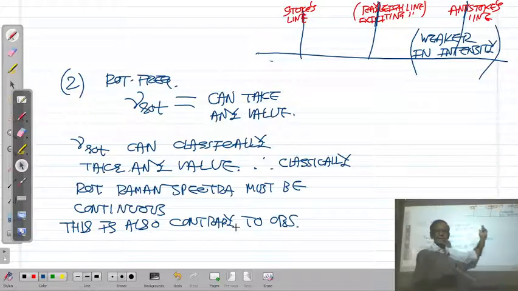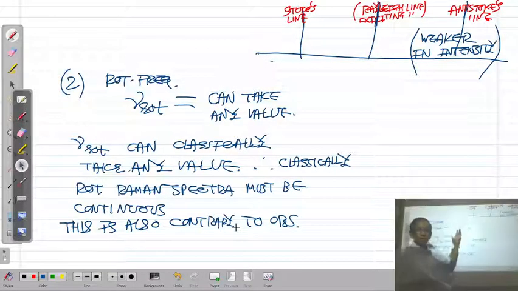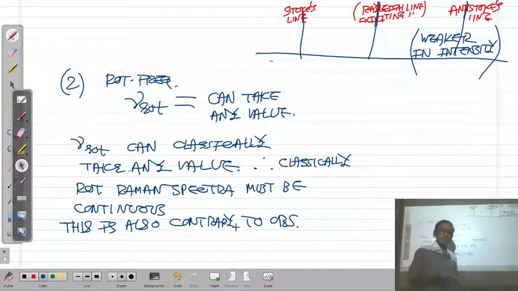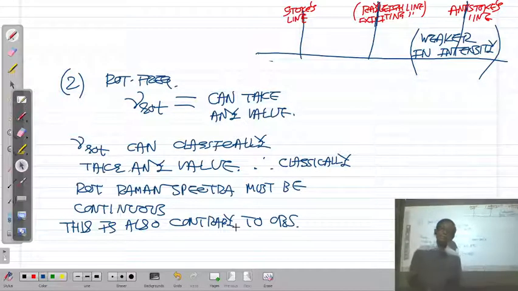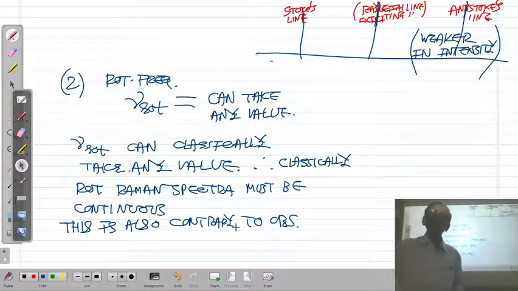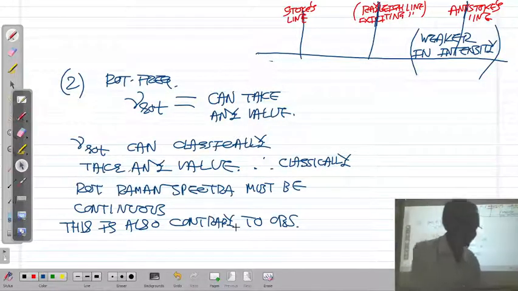Classical theory says that the rotational Raman spectra should be continuous on either side of the Rayleigh line or exciting line, but actually the rotational Raman spectra is not continuous, so that is the contradiction to the observation. Okay, so these are the two limitations of the classical theory. Next lecture we will study the quantum explanation, quantum theory of the Raman spectra. Thank you so much. We stop here.